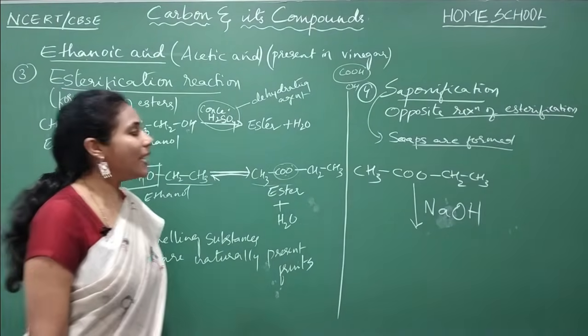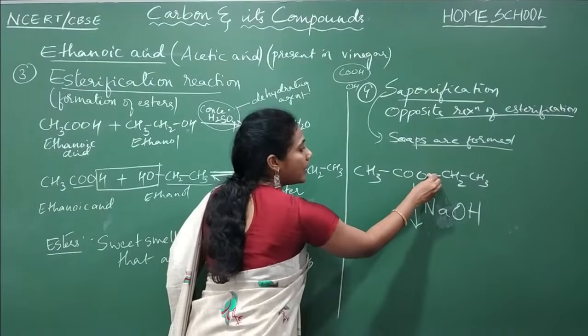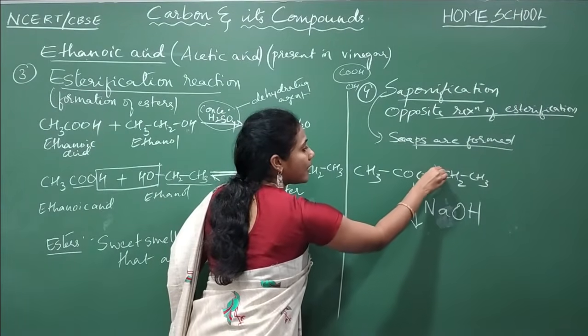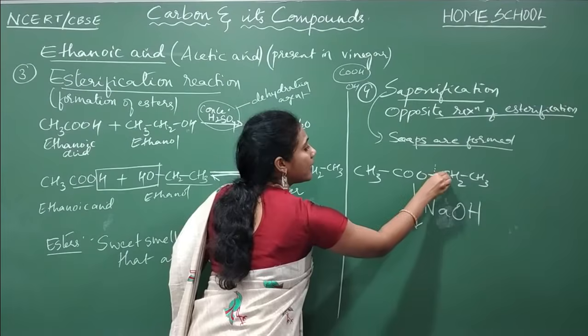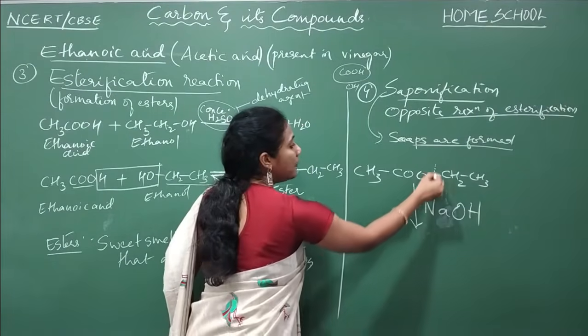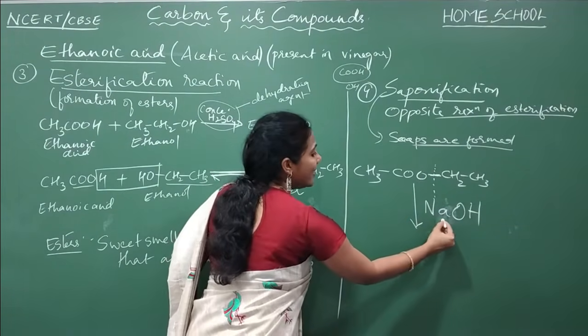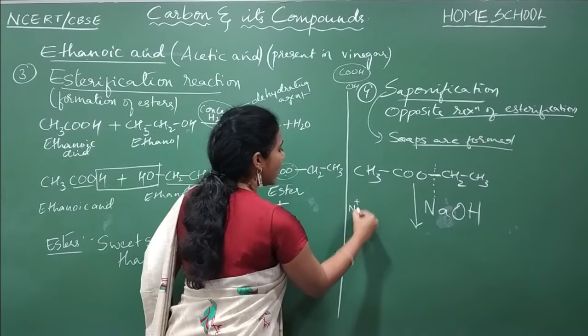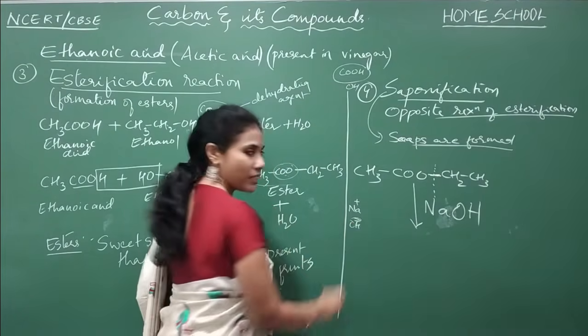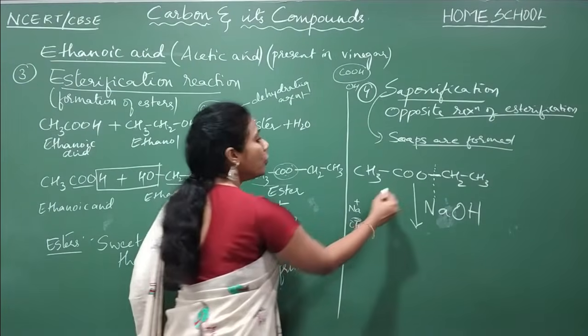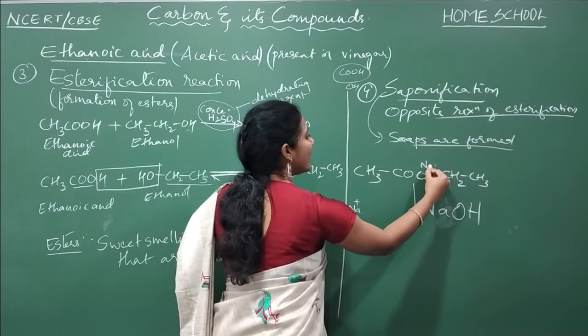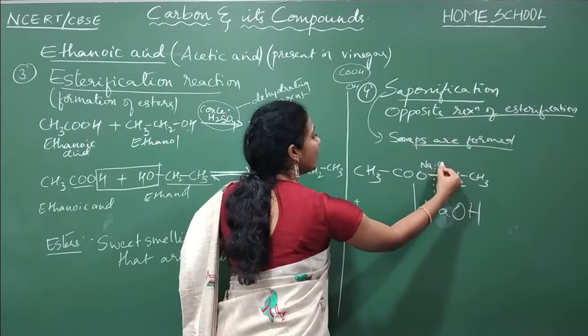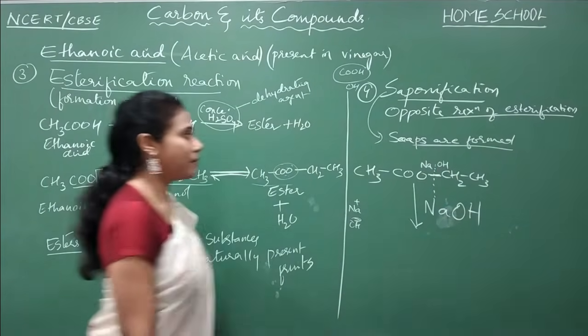Okay, so what happens here is this bond will break. After breaking the bond, Na means what? Na plus you have, OH minus you have. Yes or no? So here Na will get added and here OH will get added.